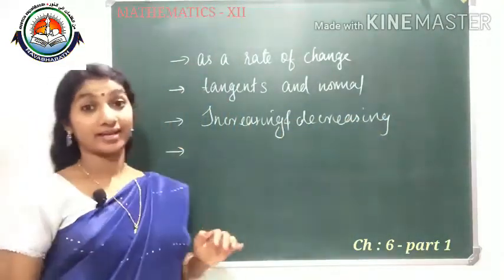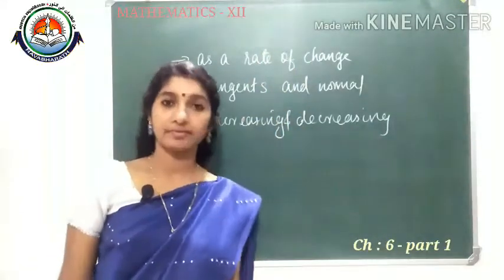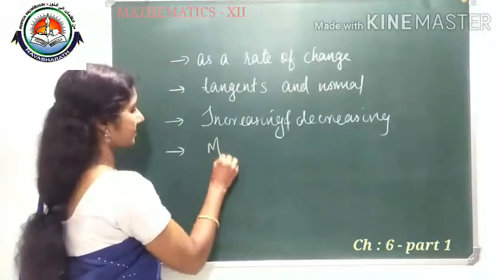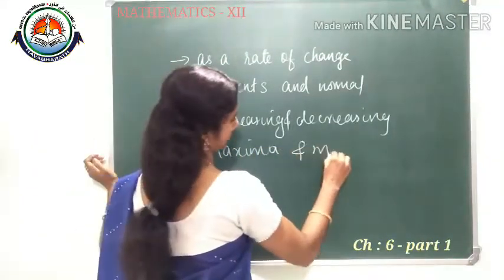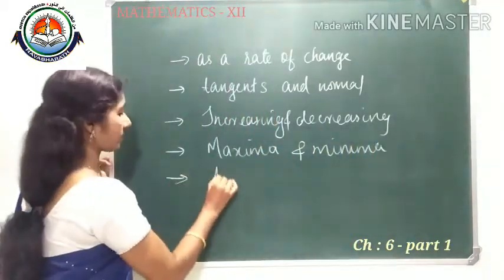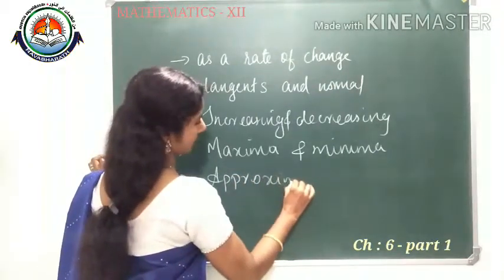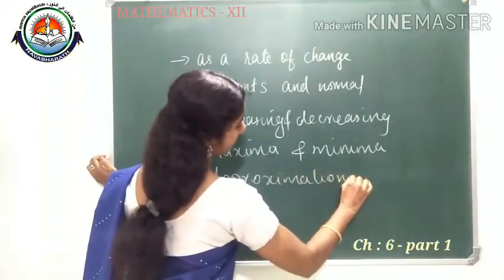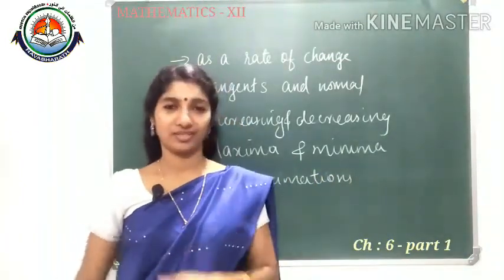We can find the maximum value of a function and the minimum value of a function, that is maxima and minima. And we can approximate the values of the function, approximation. All these things are there in our new lesson, that is application of derivatives.